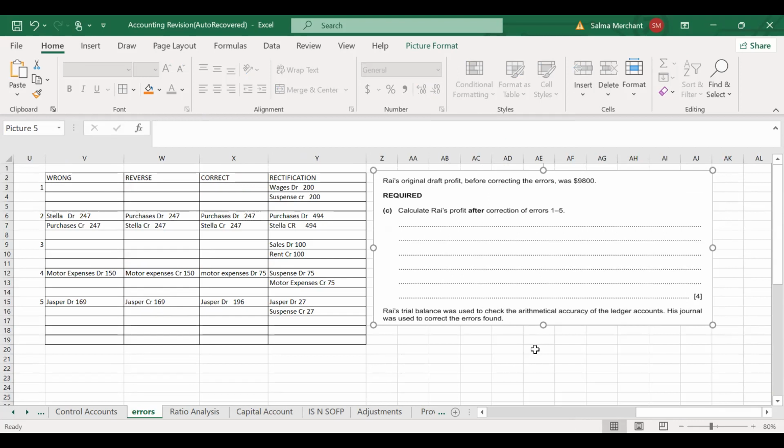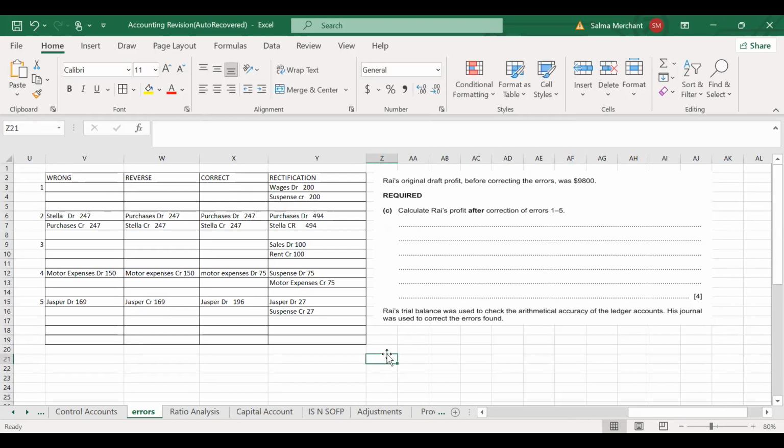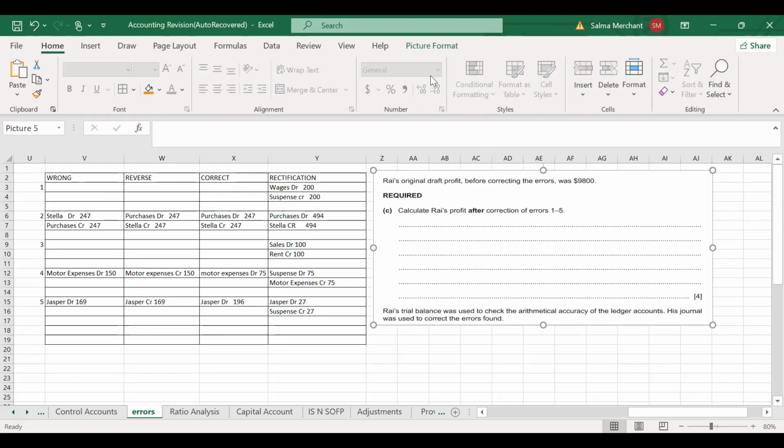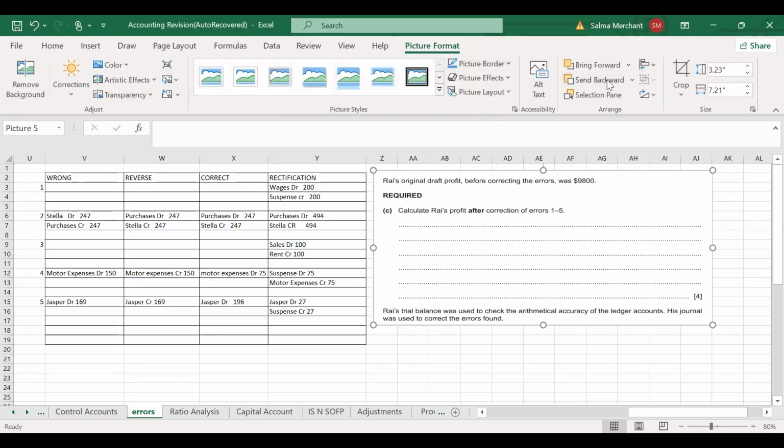Calculate Rise's profit after correction of errors 1 to 5. So after correction of errors, they want you to calculate the profit.